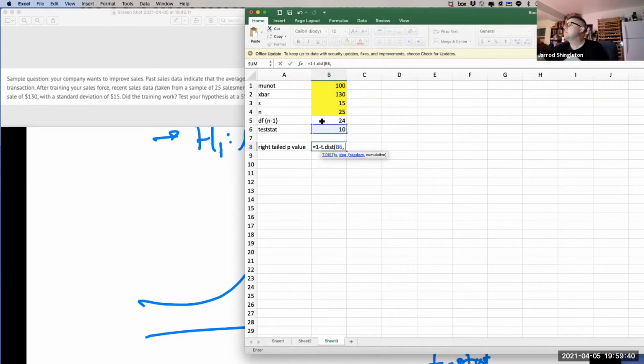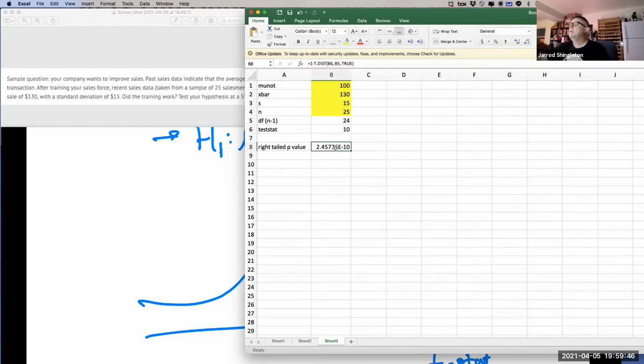My degrees of freedom is right here. And cumulative is always true. That is pretty much mathematically 0. That p-value is way smaller than whatever my alpha value is. So we can safely say that we reject the null hypothesis and that our training did work very well and our average sales have increased.